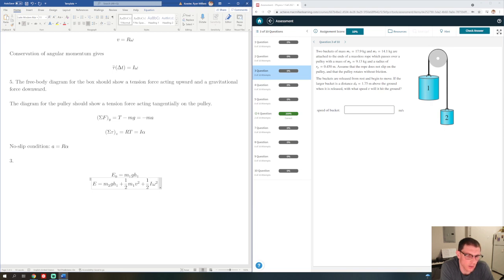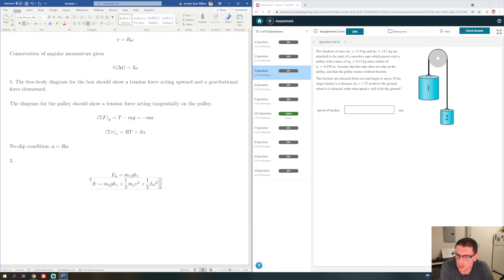You know what? That's a great question. I guess it would. Yeah, wow. Good catch. So the question is, would the second bucket have kinetic energy moving up? And it seems like it's going to because, as we just said, they're constrained to move together.